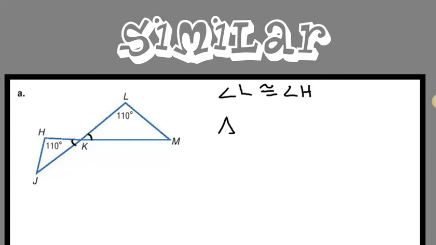So therefore we can say triangle HJK is similar to, not congruent, is similar to triangle, now we need to check what matches with H, triangle LMK. So J and M match up, H and L match up, and K right here describes these angles. Make sure you've got all that down.